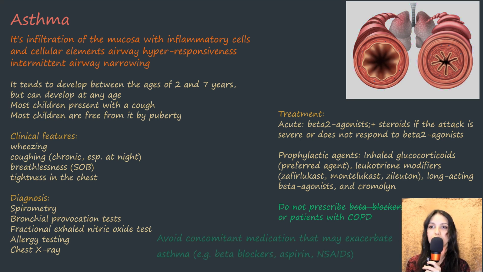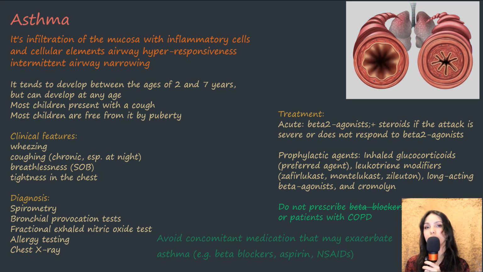Treatment of asthma looks quite complicated because it depends on symptoms and FEV1. For mild cases, when symptoms are quite rare, it will be just SABA, or short-acting beta agonist. And if symptoms are worse, it will be SABA and inhaled corticosteroids.